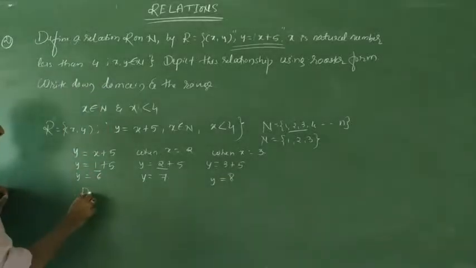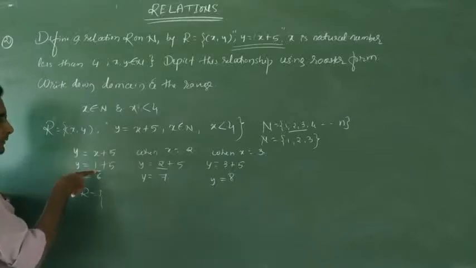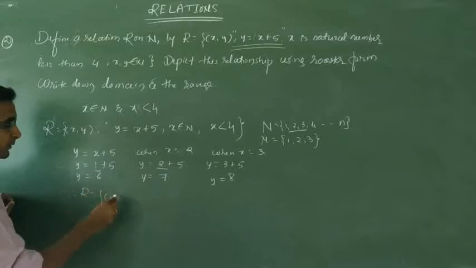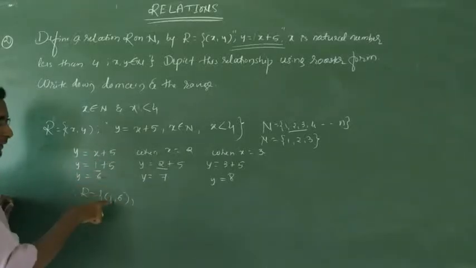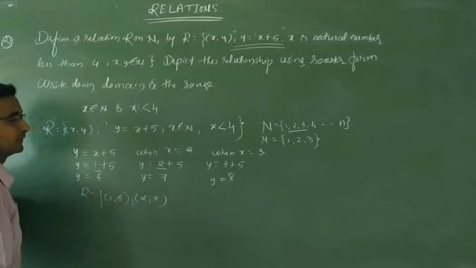Therefore, we write the relation as pairs x comma y. When x is 1, y is 6. When x is 2, y is 7.